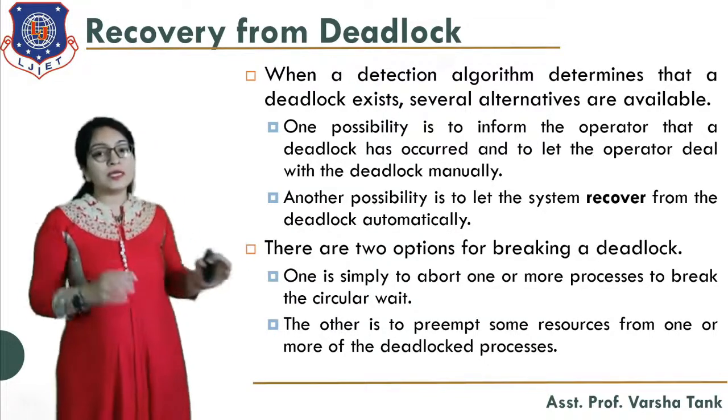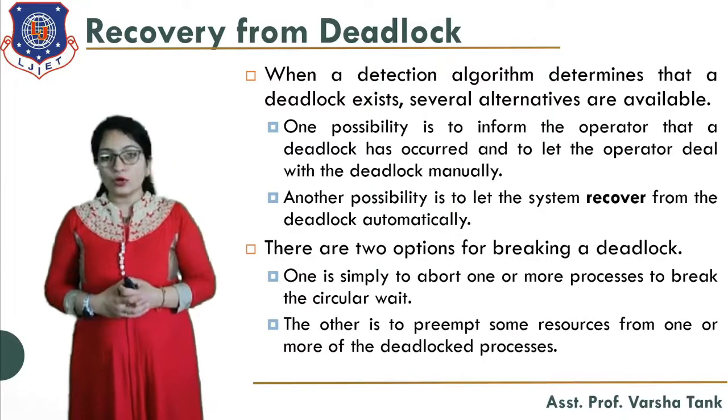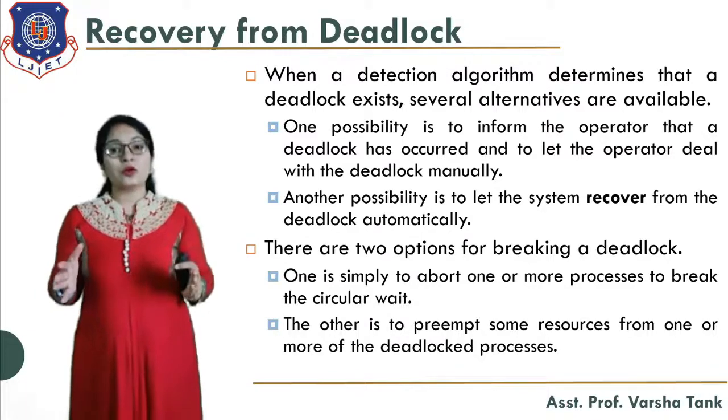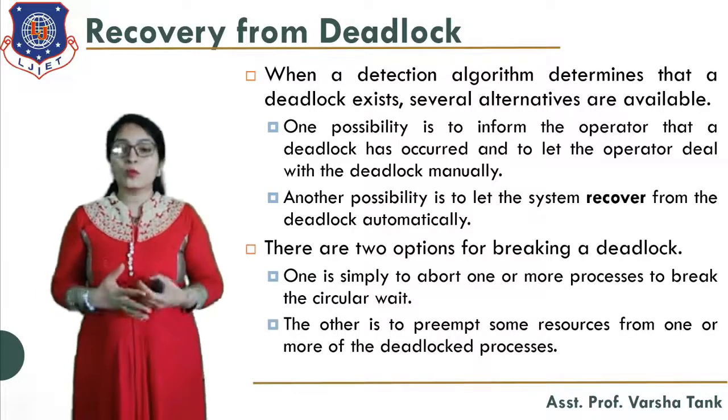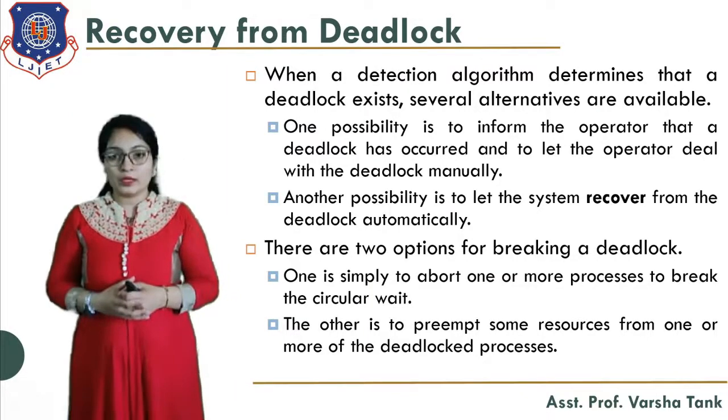One is simply to abort one or more processes to break the circular wait. So abort one or more processes, the circular wait will break and the deadlock will break.